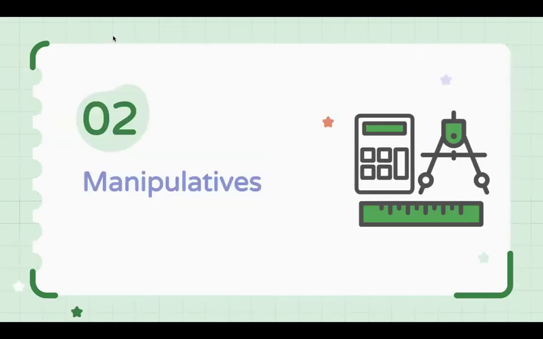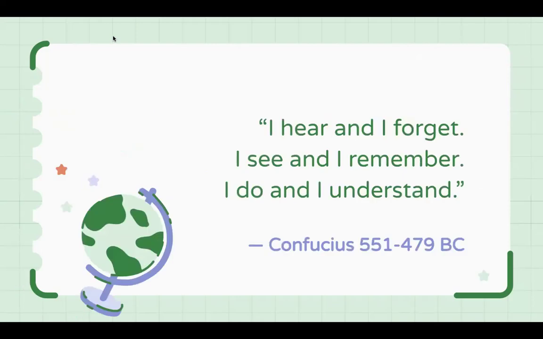Another thing that I've learned from my elementary colleagues is that manipulatives are useful for all students. According to Confucius, I hear and I forget, I see and I remember, I do and I understand. When working with manipulatives, students do the math.